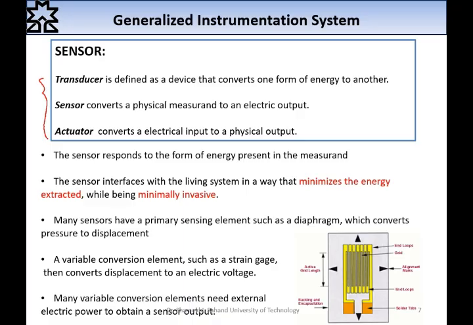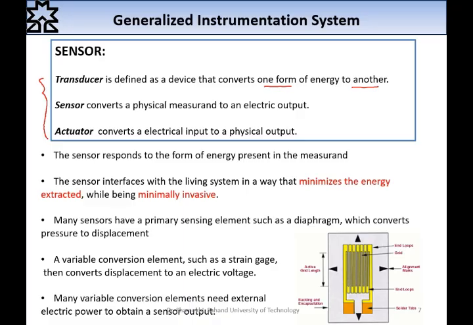As you can see, a transducer is defined as a device that converts one form of energy to another. It means all types of energy can be converted to another type of energy, and we call such a device a transducer.